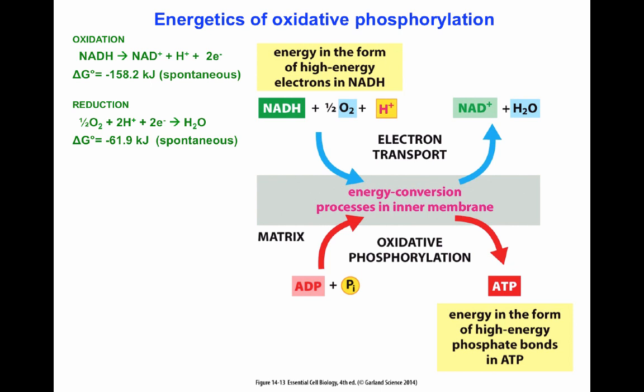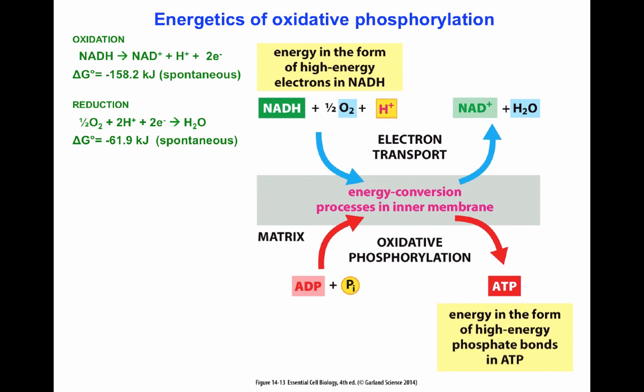Now let's take a look at the energetics of oxidative phosphorylation, and I'm going to start by looking at the oxidation and reduction reactions. The oxidation reaction involves NADH donating its electrons to generate NAD+, a proton and 2 electrons. As you can see, that has a delta G naught of minus 158.2 kilojoules, so the reaction is spontaneous.